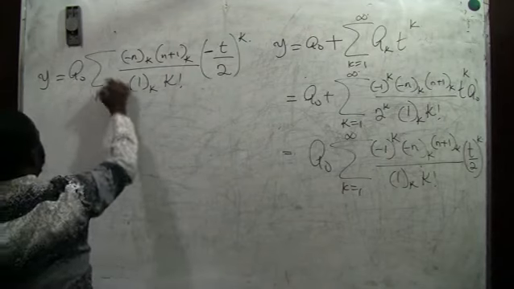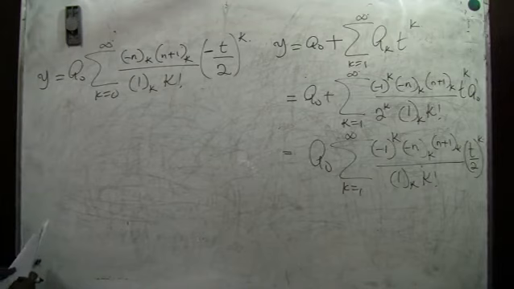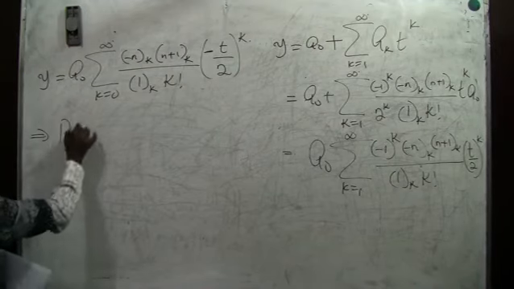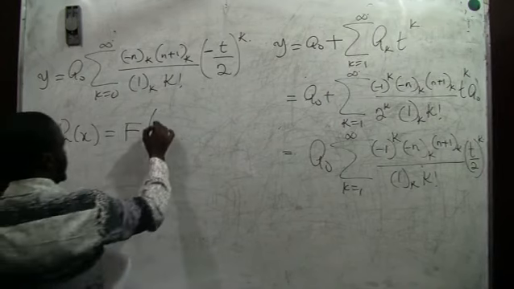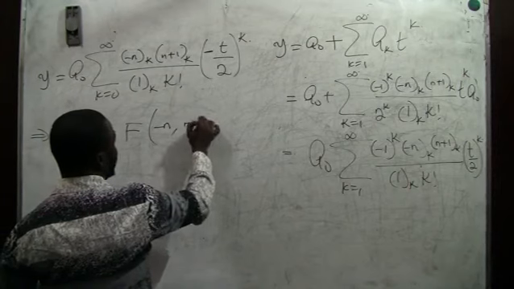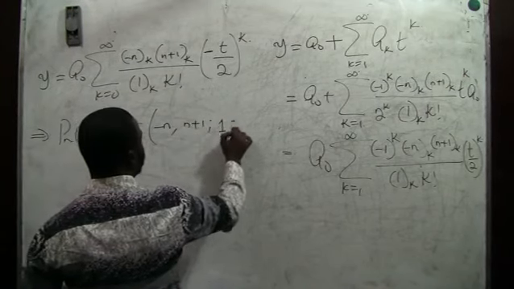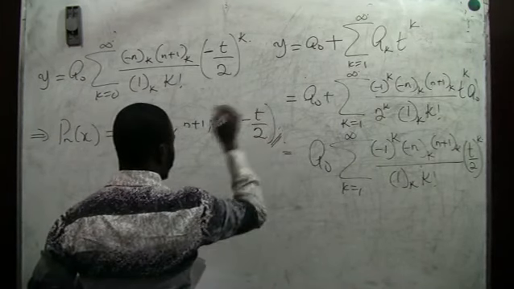And what we have left defines the hypergeometric function. And the solution of the Legendre equation of the first kind is given as Pn. So this now becomes Pn of x equals F minus n, comma, n plus 1 semicolon 1 semicolon minus t divided by 2, as required.